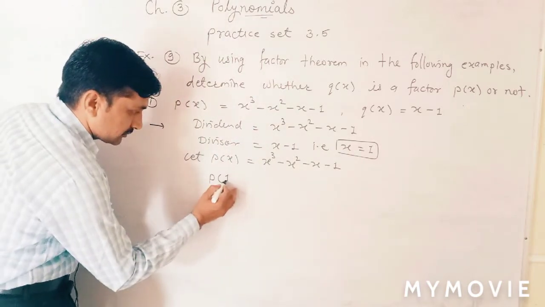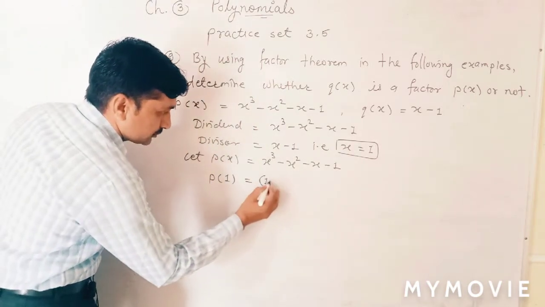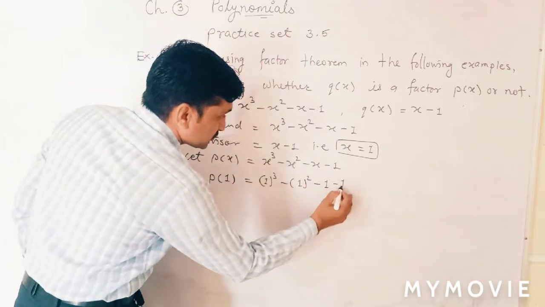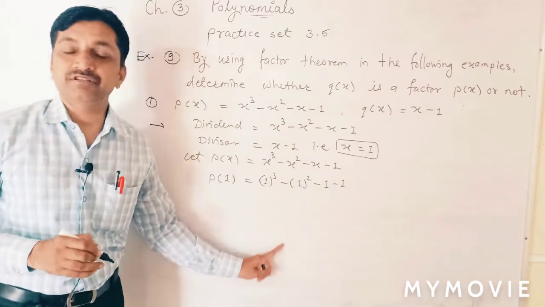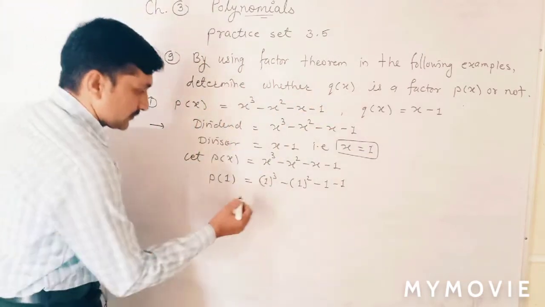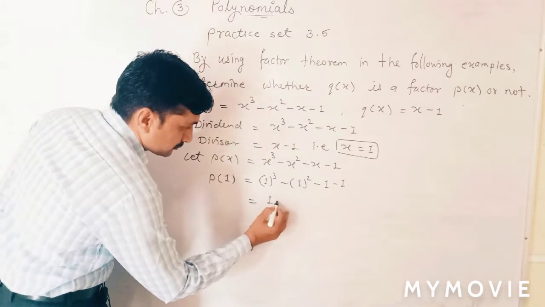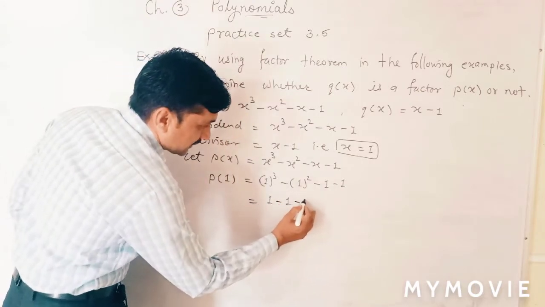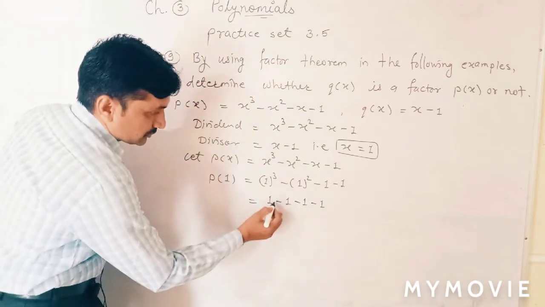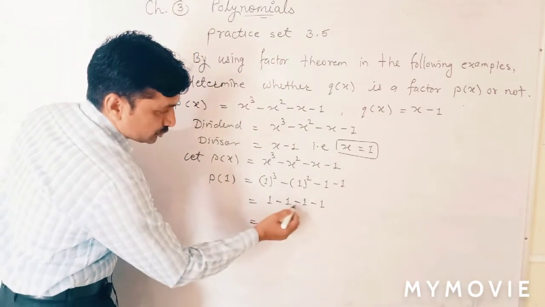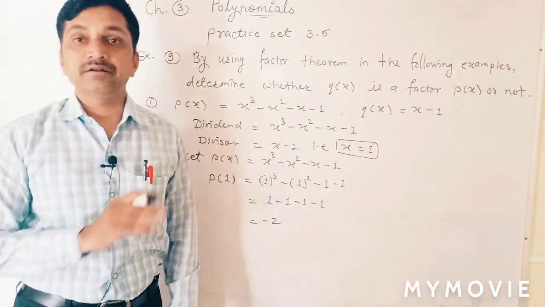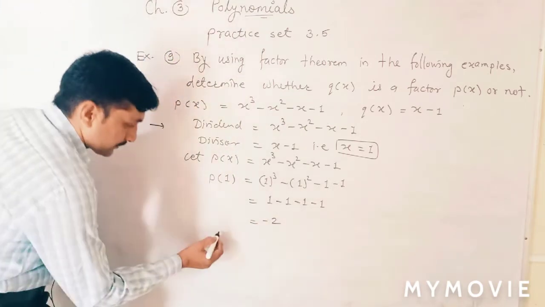P of 1 is equal to 1 cube minus 1 square minus 1 minus 1. Now if we get this value 0, then this is a factor, otherwise not. Let's solve. 1 cube is 1, minus 1 square is 1, minus 1 minus 1. So 1 minus 1 is 0, minus 1 minus 1 is minus 2. The remainder is not 0.